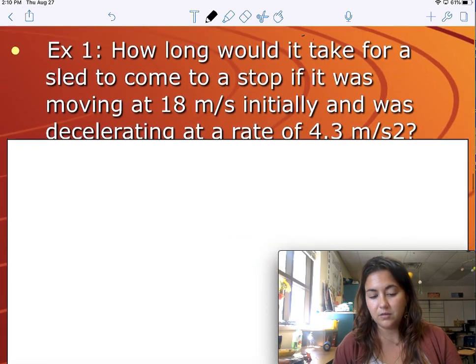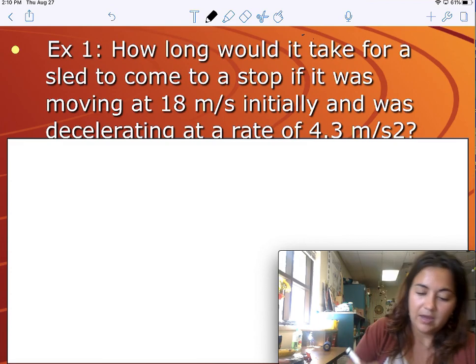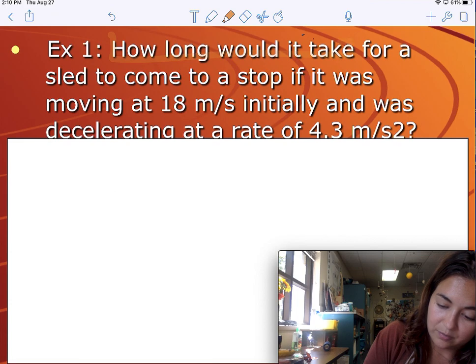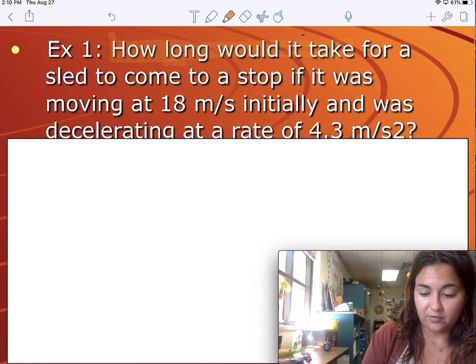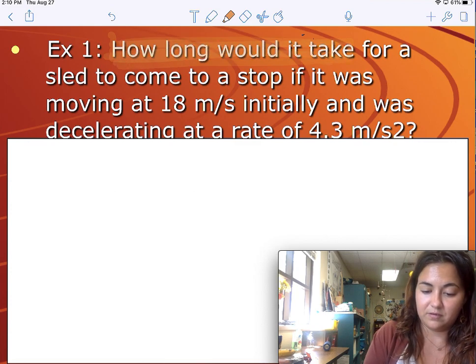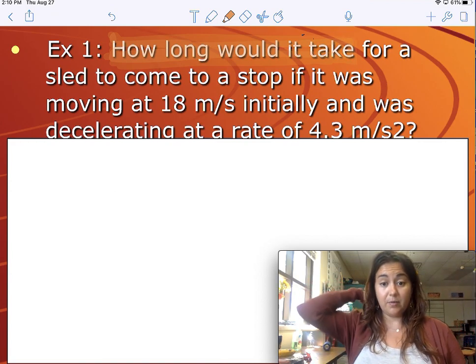Let's do an example problem. How long would it take for a sled to come to a complete stop if it was moving at 18 meters per second initially and decelerating at a rate of 4.3 meters per second squared? I like to go through and identify pieces of information that seem important.